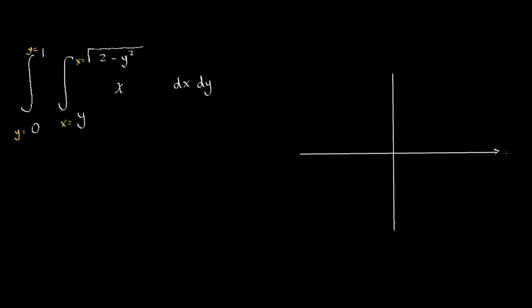Okay, so now let's sketch the region. This is the x-axis, this is the y-axis. Now let's sketch the lower limit x equals y. This is just a straight line with slope equal to 1. This is x equals y. So we're done with this. Now let's take a look at this.